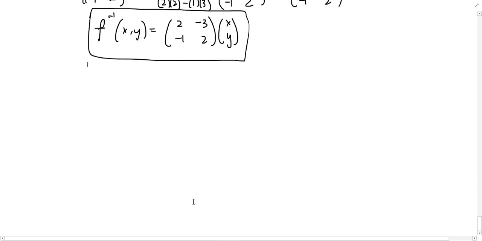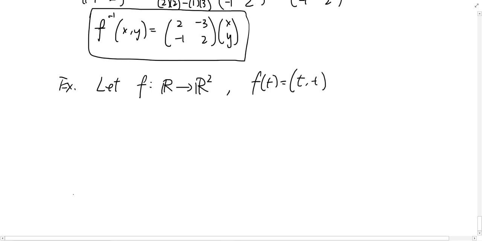Now let's try a different one. How about we do this one? We're going to let f go from R to R2, and let's say the function f is this: f of t equals tt.